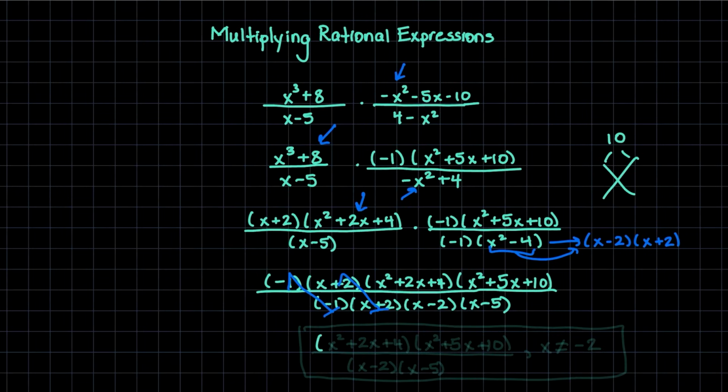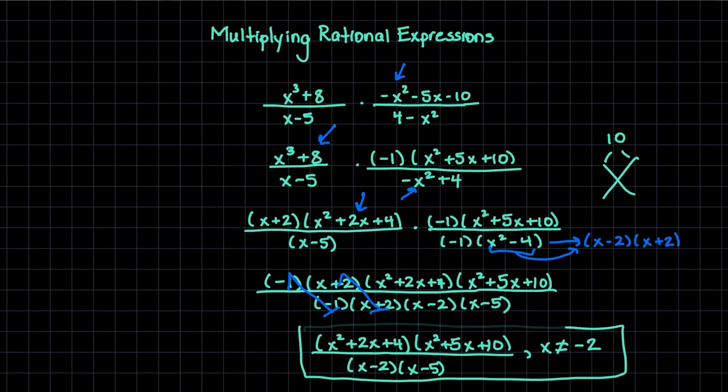So our final answer is x squared plus 2x plus 4 times x squared plus 5x plus 10, all over x minus 2, x minus 5, acknowledging x cannot equal negative 2, because it's simplified to 1 and we can no longer see it.